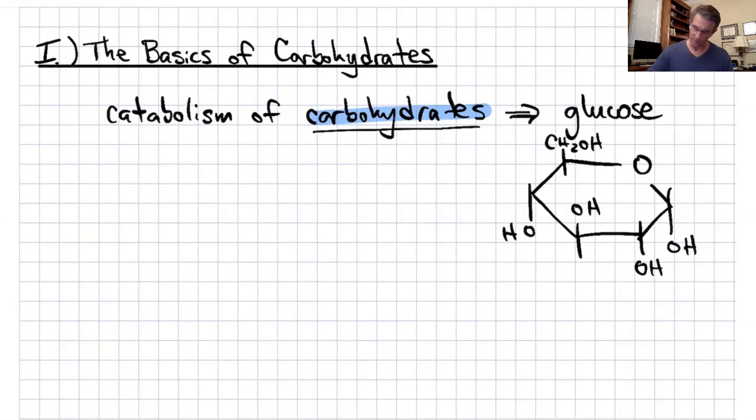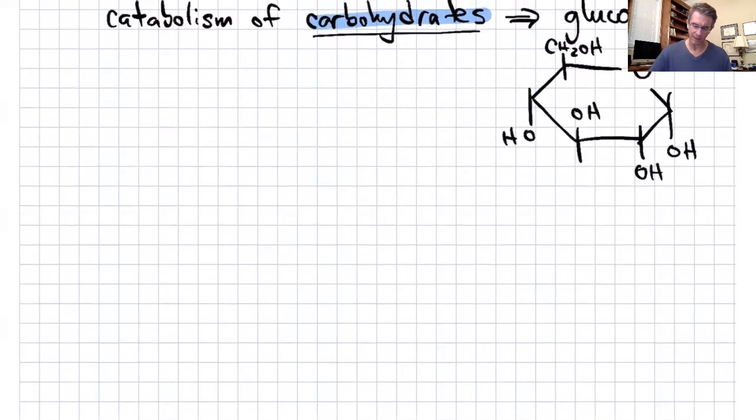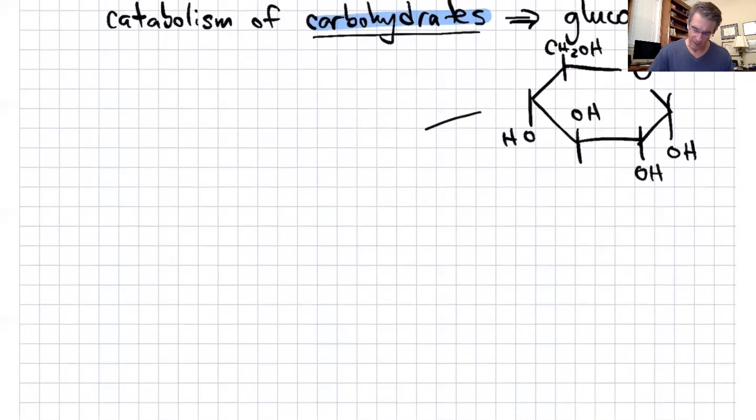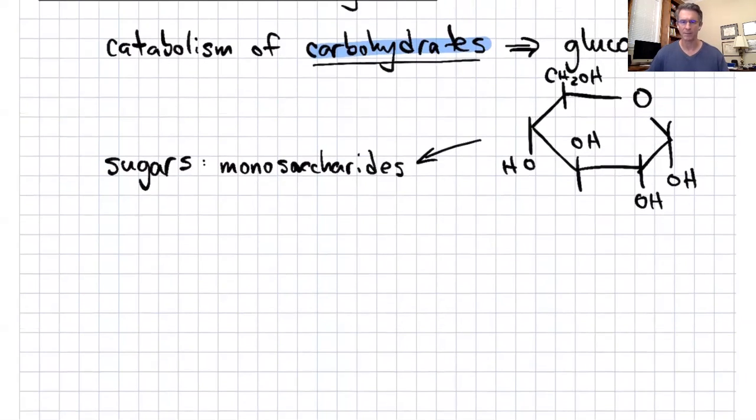Okay, so the kinds of carbohydrates that we're going to be thinking about, like glucose, are also known, of course, as sugars in common parlance, or somewhat more accurately, monosaccharides, which hopefully you all remember, right? If you look at this molecule, you'll get some sense of this.